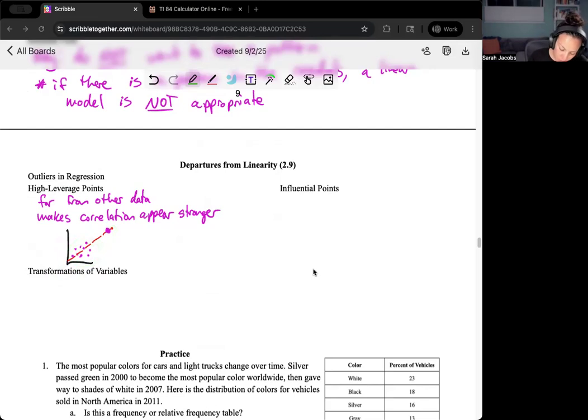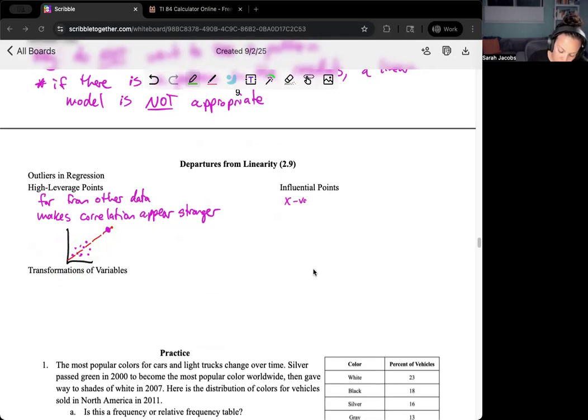An influential point is another type of outlier, and this is one where the X value is in the mix. And so what I mean by that is it has similar values to the other X values, but the Y value is very different.